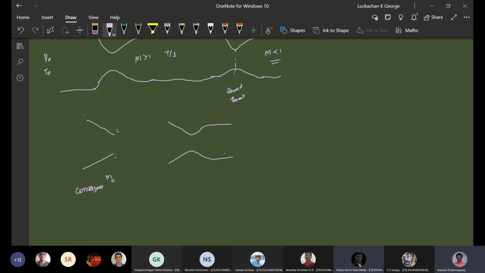Then they can leave the flow to expand fully, so the flow can achieve a higher Mach number. But in case of a wind tunnel, we have to confine the flow. Even here, I can confine the flow.